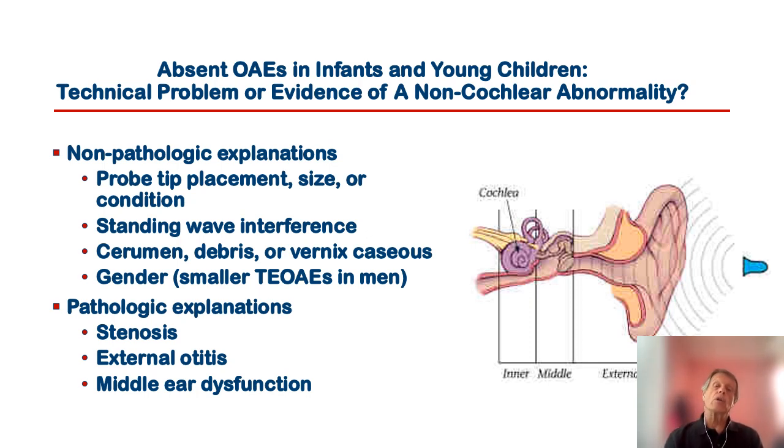So not all children whose OAEs are absent actually have permanent sensory loss. We first need to rule out technical problems, and we need to rule out blockage or something in the external ear canal or the middle ear that might actually be preventing us from recording OAEs.